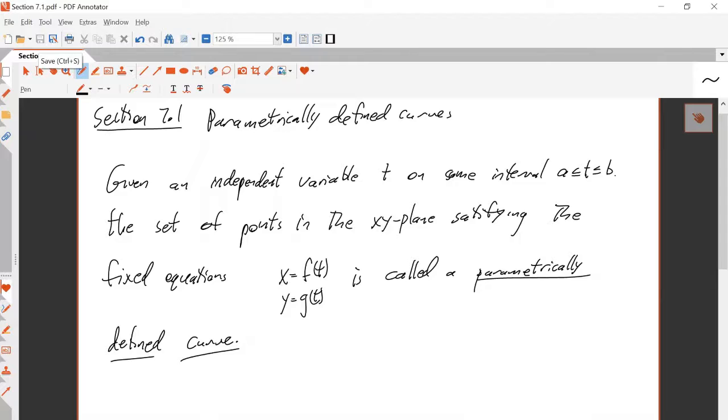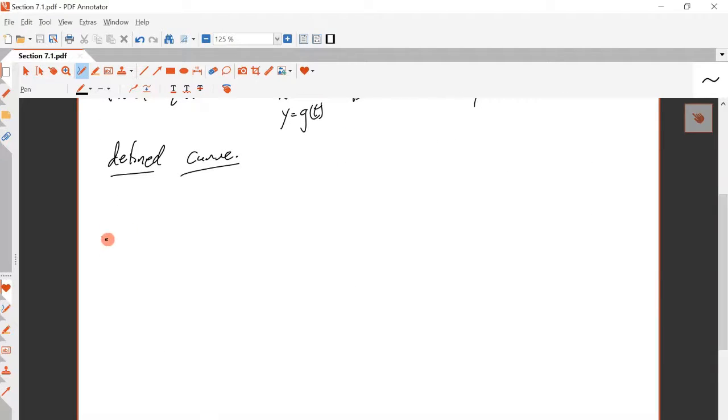And here's an example that you have seen before. Okay, say x is equal to cosine t, y is equal to sine t, for 0 less than or equal to t less than or equal to 5 pi over 4.